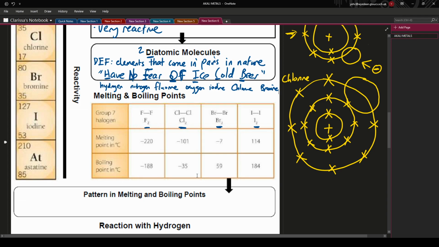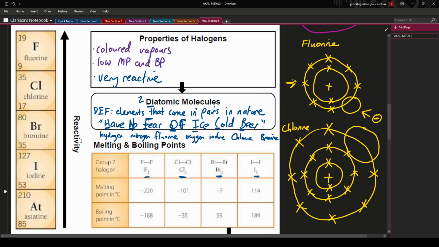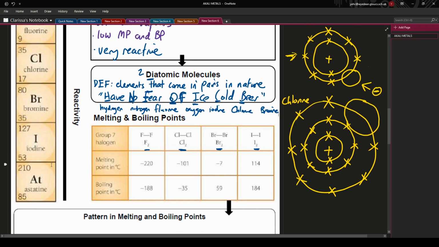Once again, the opposite is true for our halogens. The numbers get lower as you go up the group. So it's easier to melt and boil fluorine and chlorine than it is iodine.